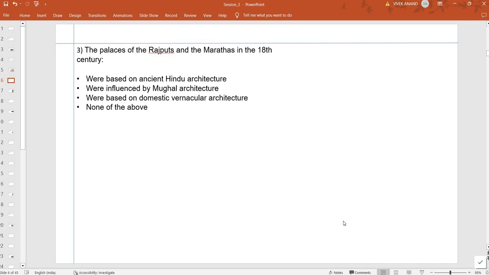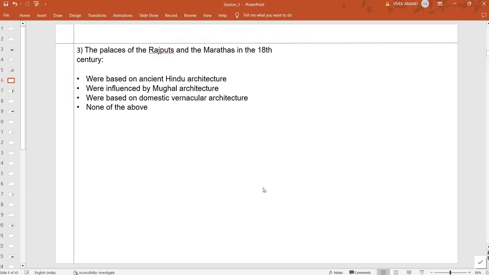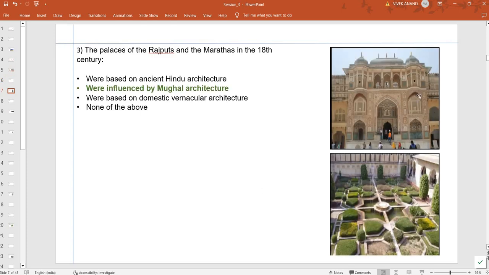Yeah, that's right. So how can you see that these were influenced by Mughal architecture? What elements can you find in the palaces of Rajputs and Marathas? Chhatris, jali work. Yeah, chhatris and jali work. Which building is this? Can you tell, on the top?